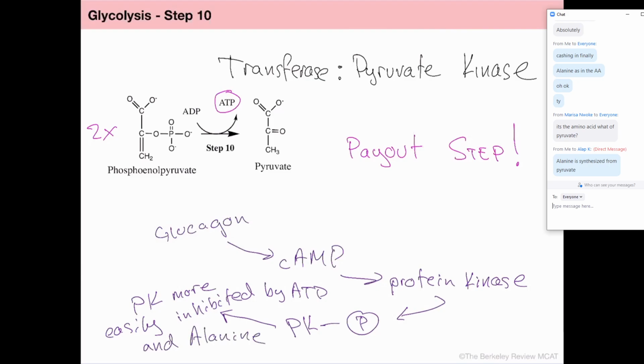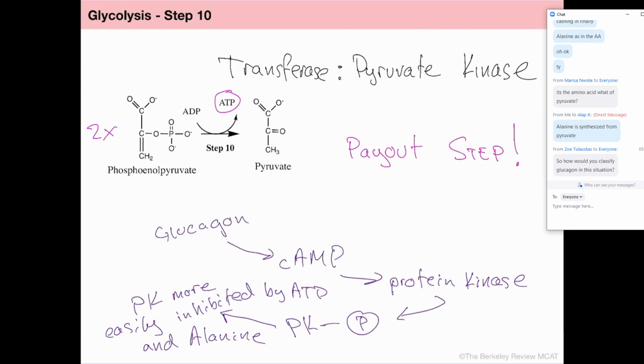I know that is a lot of information I just gave you, and I just drew this whole pathway out. This is how MCAT passages are structured. They're going to describe. So glucagon is a hormone that's going to signal a cyclic AMP cascade that's going to activate a protein kinase that's going to phosphorylate the enzyme pyruvate kinase.